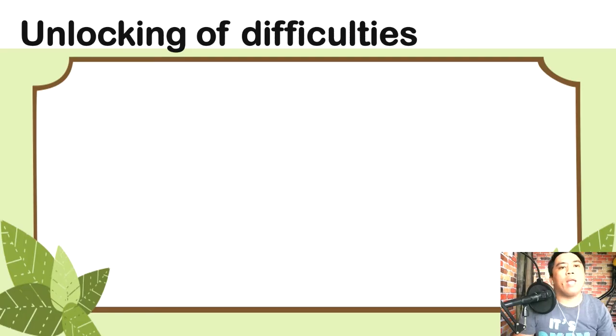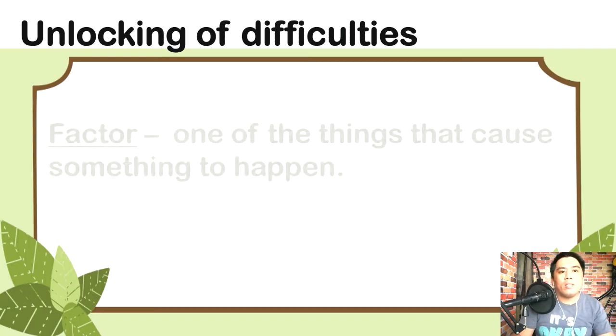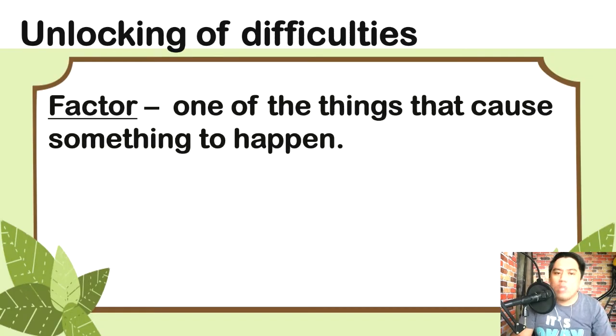Okay, so here we will first do the unlocking of difficulty. There are some words we will encounter throughout our lesson that we first need to understand. One is the word factor. Factor means one of the things that cause something to happen.